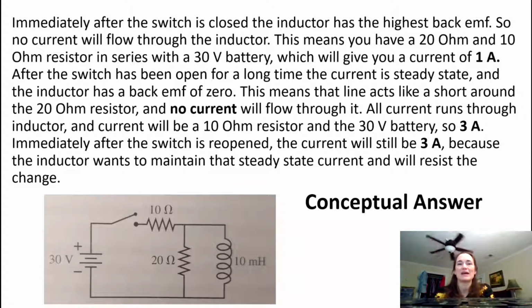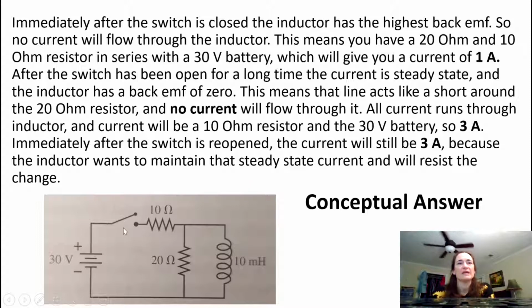So that means that the back EMF that the inductor can generate will be largest right when the switch is closed. Now, if the back EMF is largest right when the switch is closed, then you can assume basically no current is flowing through that inductor. So it acts like an open switch, at least for a split second.